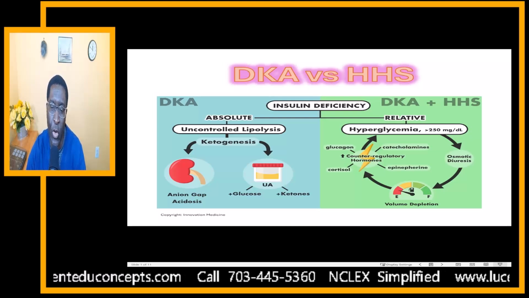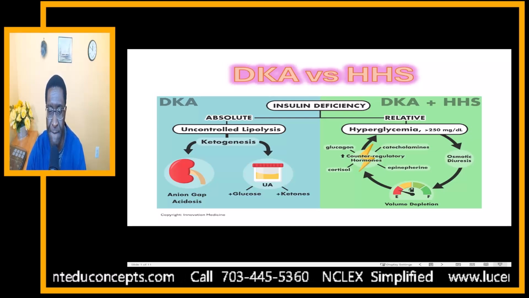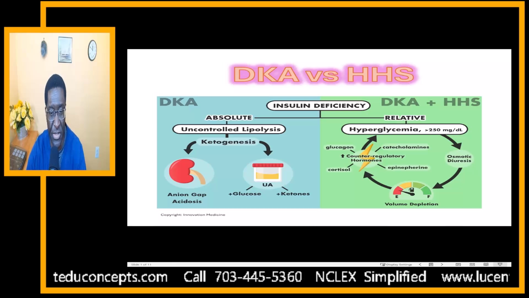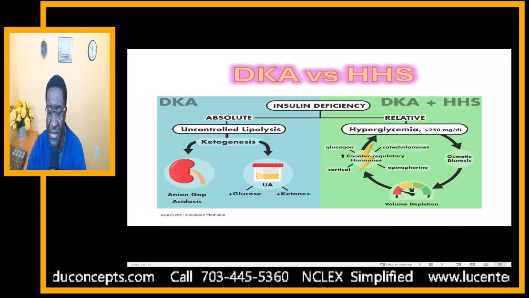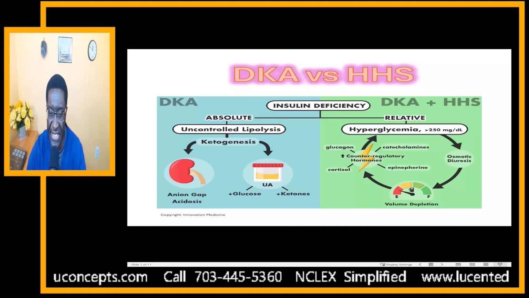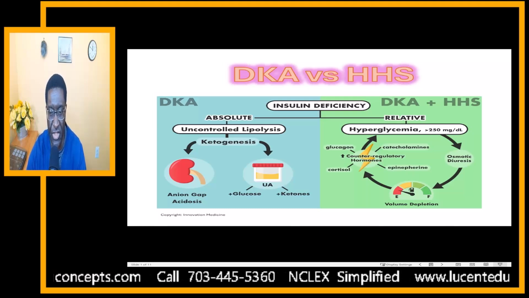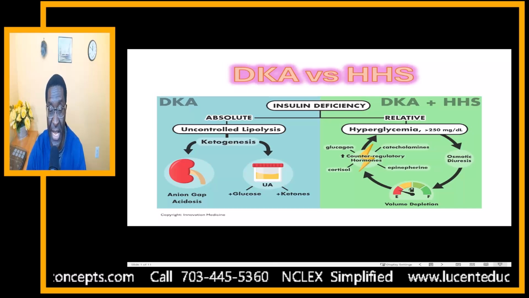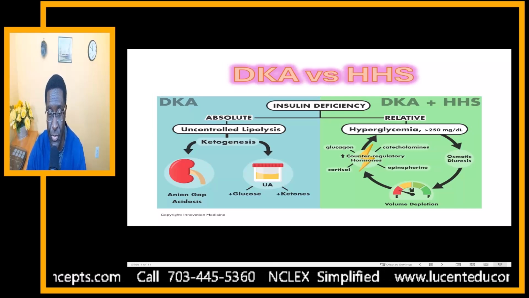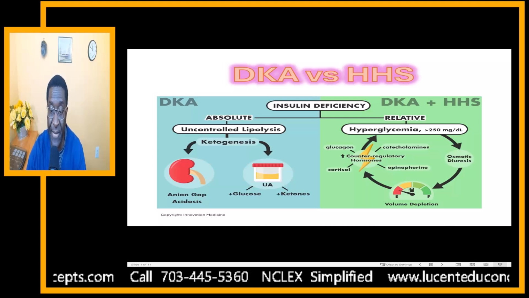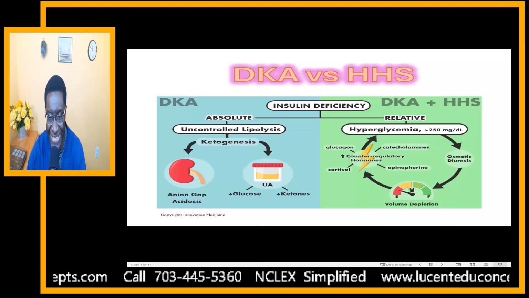So a closer look at DKA. Again, in simple terms, there is a condition in which the cells of the body are not receiving adequate what? Insulin, total no insulin at all. Therefore, the cells have nothing else to do but to initiate the breakdown of fat.